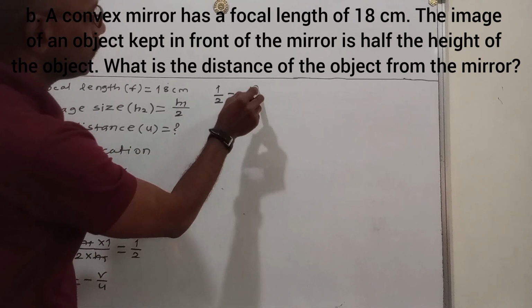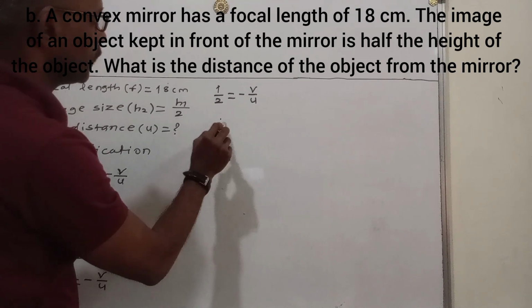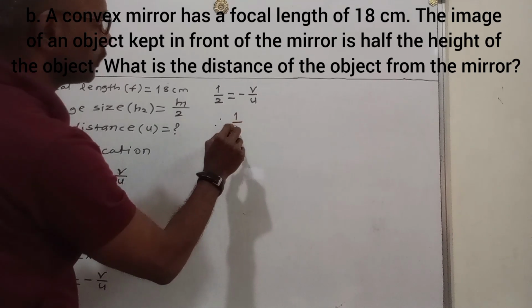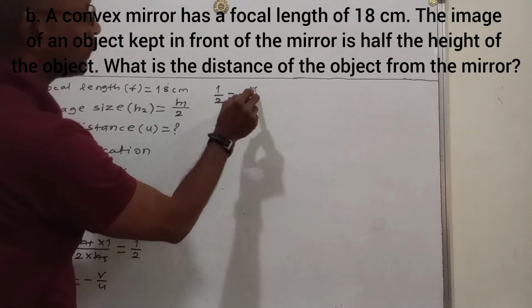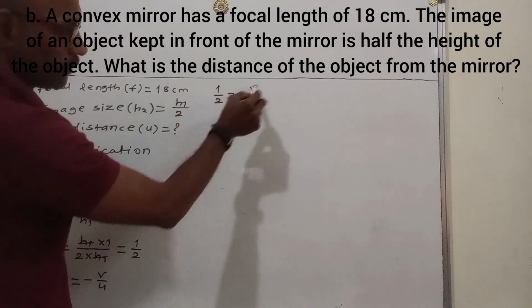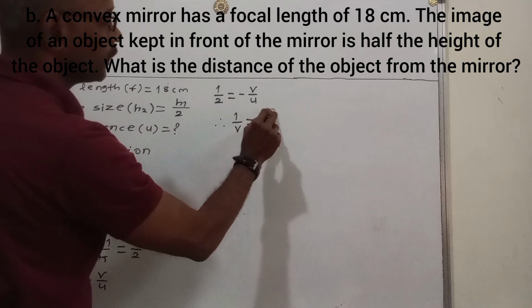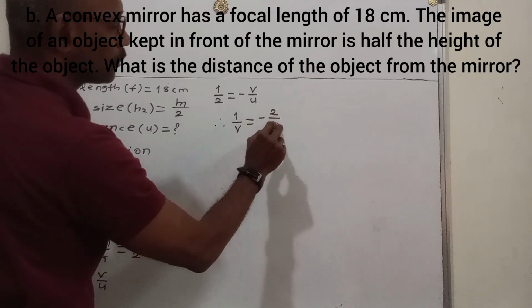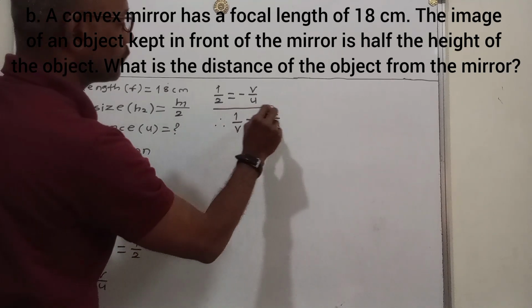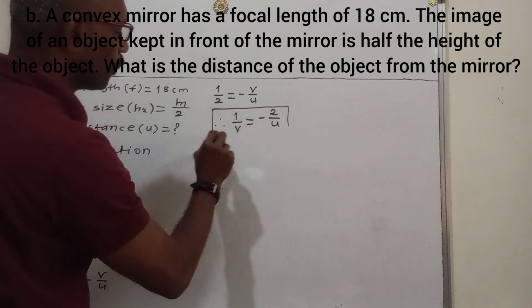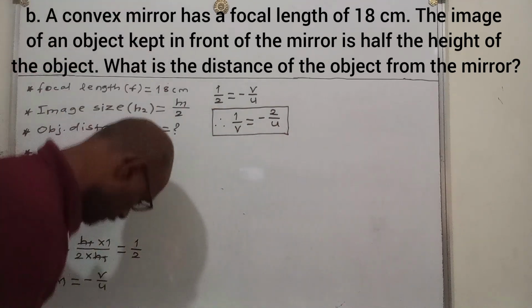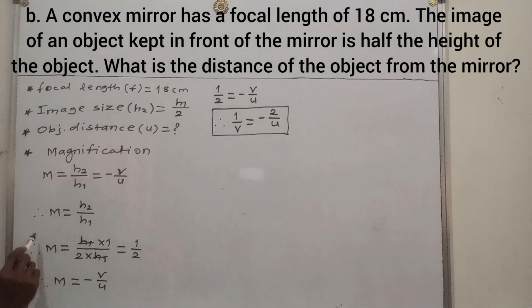Now we take 1 upon V, we interchange positions and 2 here, minus 2 upon V. This is the value of 1 upon V, and this is the value of magnification, that is m.